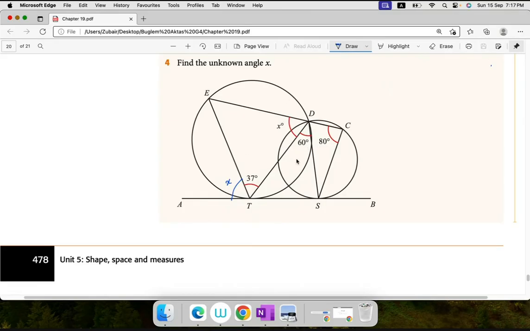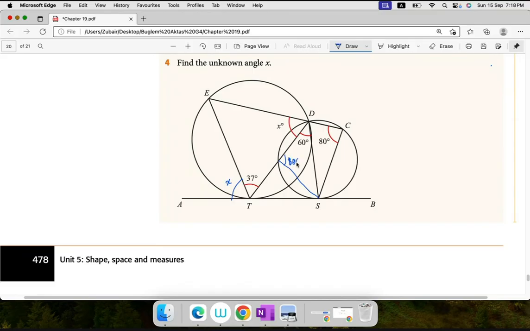So if I look at the larger circle, 60, that's 80, and x. That is not the tangent. This is 80.